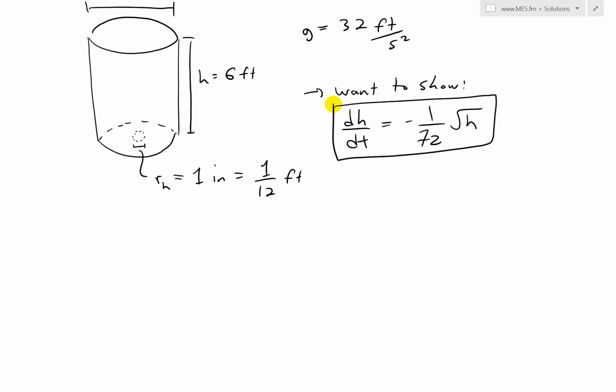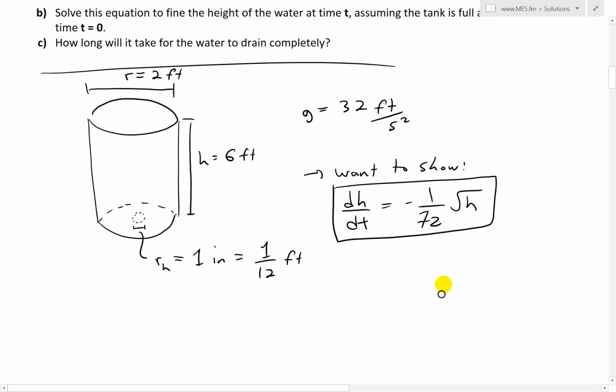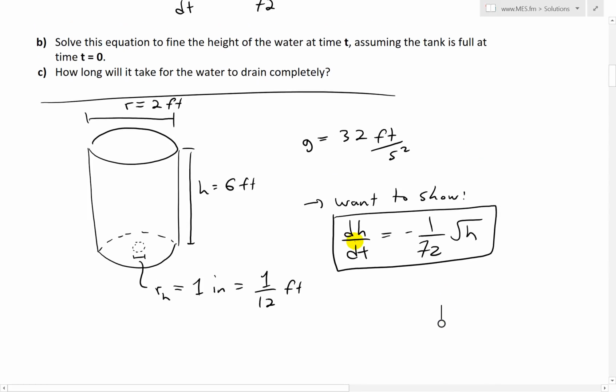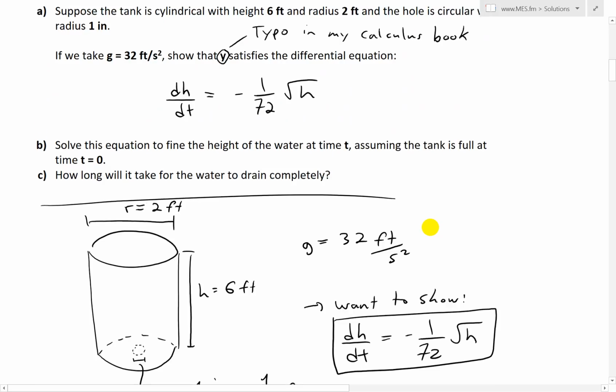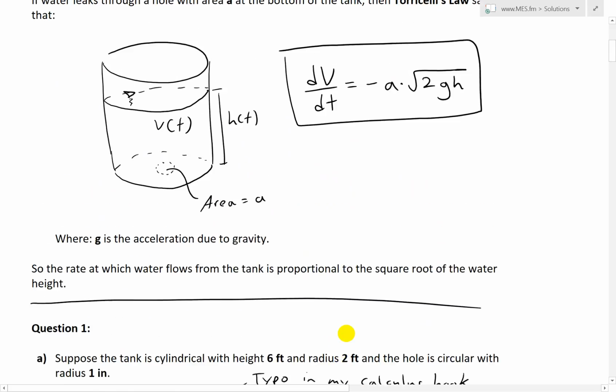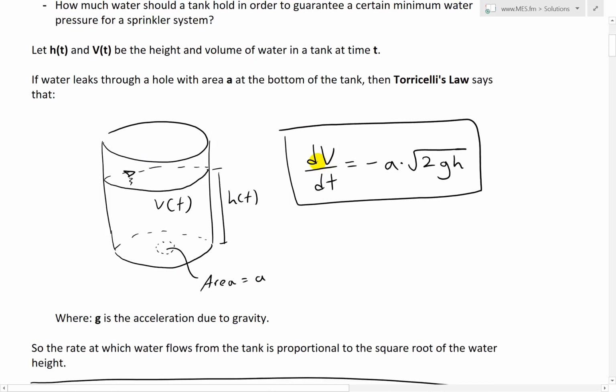Now, the first thing we have to notice is that this is the rate of change of the height, and this right side looks pretty much like our Torricelli's law, but this is volume. But we know that the formula of volume you could write as a formula of height.